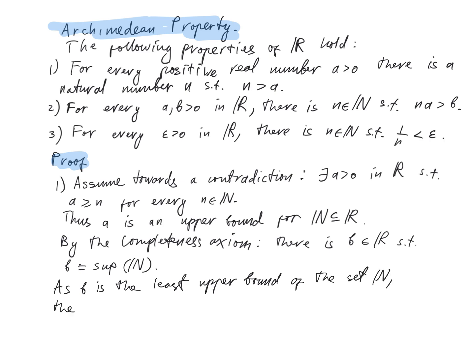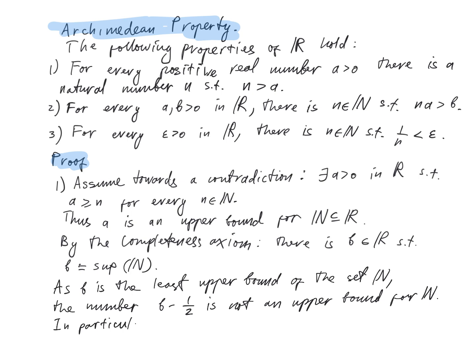The number b minus 1/2 is not an upper bound for N, because it is strictly less than b. In particular, this means that there exists some natural number n such that n is strictly greater than b minus 1/2.